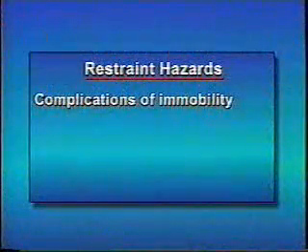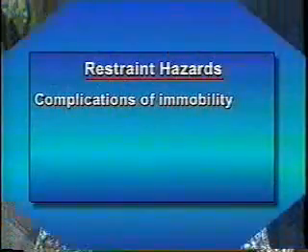Complications of immobility is a big one when the patient is tied down, limiting their ability to move about freely. Some of these complications of immobility are weakened muscles and loss of calcium from the bones that make their bones brittle and easily broken. Another complication of immobility is pressure sores or other skin irritations from being tied down in the same spot for too long.